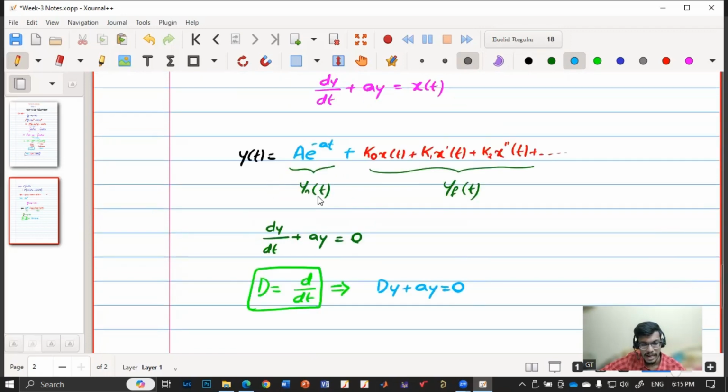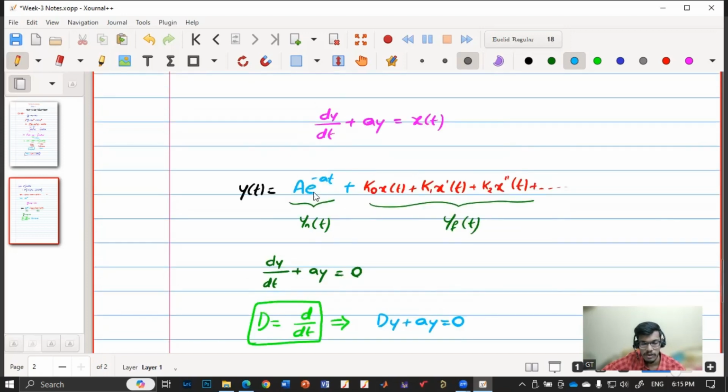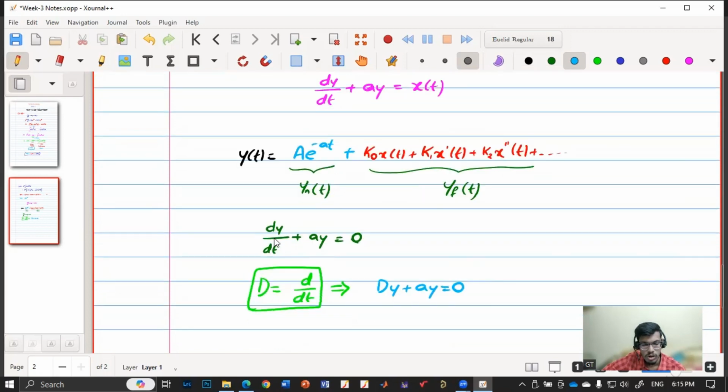So for calculating the natural response of this output y of t, I know that natural response only happens when my input is 0, because if I put x of t equals 0, then all these terms will be 0. So my y of t is my natural response yn of t. After putting x of t as 0, I have considered an operator D equal to d by dt.